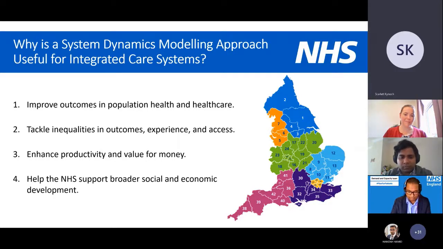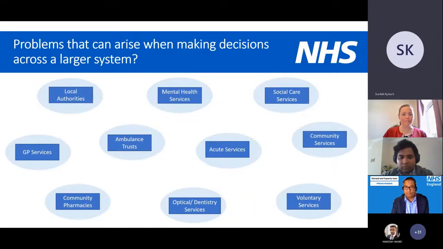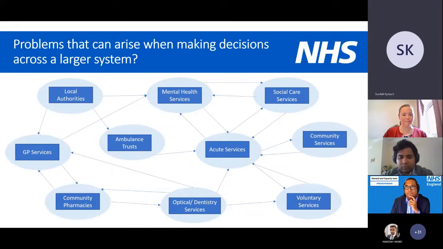One of the reasons why this is a very crucial thing to consider is that a lot of services and providers are very interconnected across all of these systems. The reason this is something you want to consider is, for example, if an issue arose in acute services, and then you put in a very reasonable solution to overcome that issue.